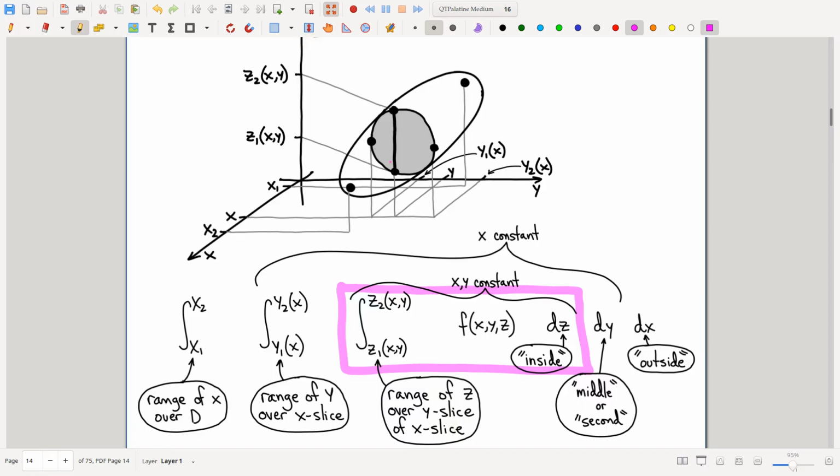That integral is happening, moving, you might say, across that line segment. And on that line segment, keep in mind where that came from. That came from having already fixed values of x and y. And that means x and y, for the purposes of this inside integral, are constant. And we're going to treat them as constants because they are literally constants in the picture. Does that make sense?